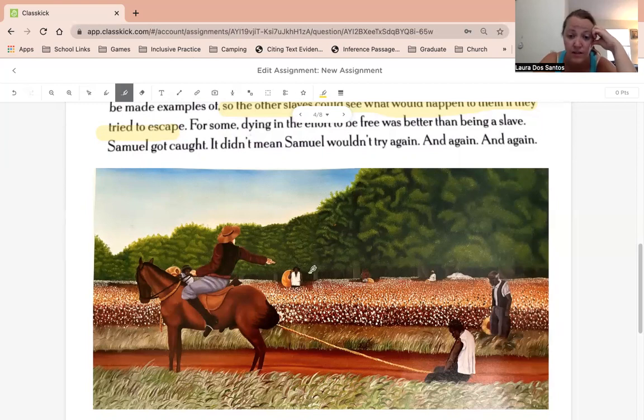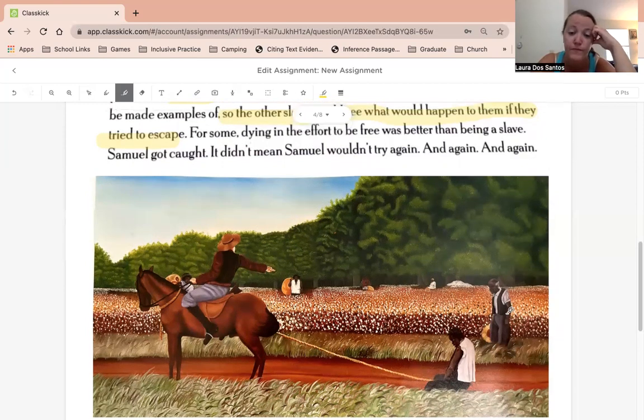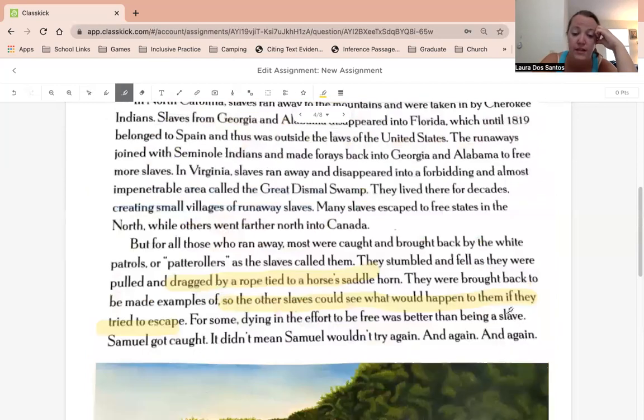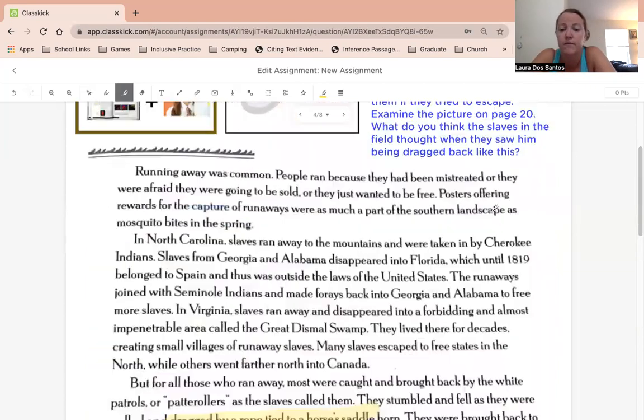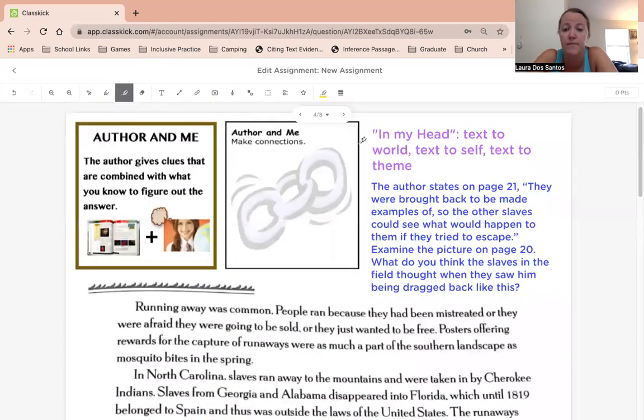These other slaves in the field, they stopped working and they're just staring. So maybe they're shocked or in disbelief. Maybe they're afraid for this man and what's going to happen to him, or afraid for themselves. So I use the text, I use the picture, but I had to use my own knowledge of the images and about slavery to answer this question.